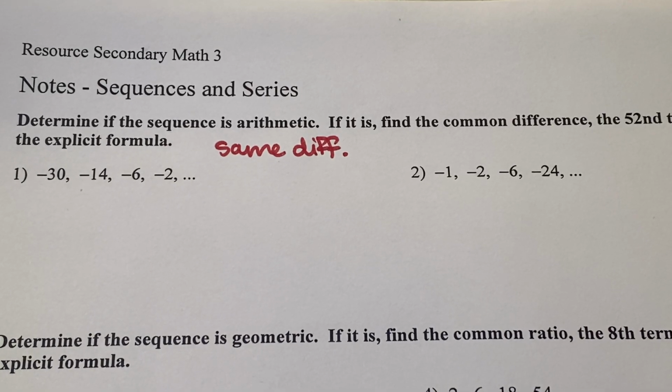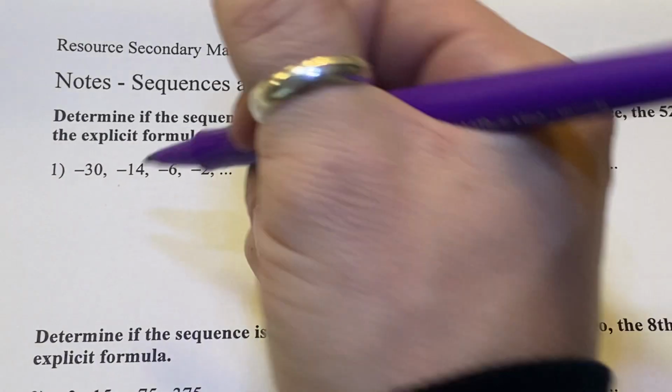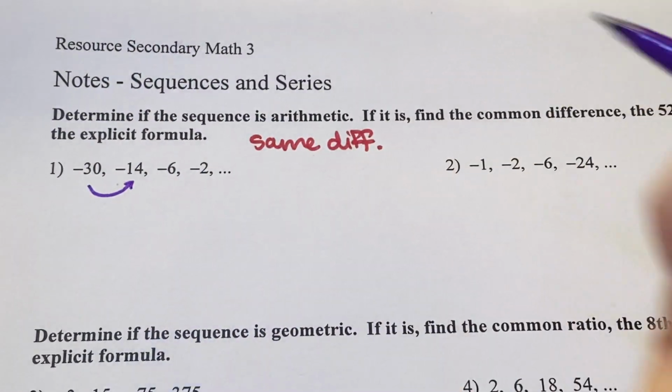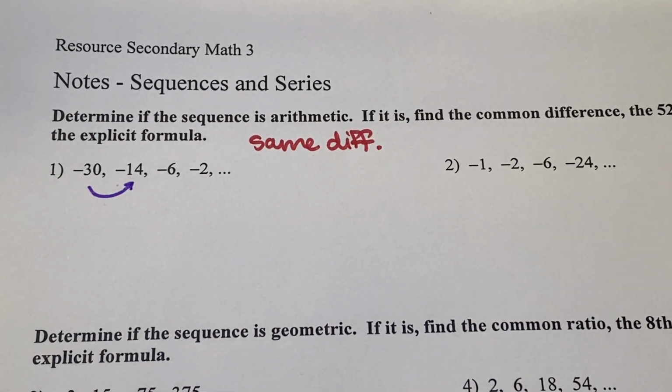Let's look at this. How would I go from negative 30 to negative 14? What would I have to add or subtract to go from negative 30 to negative 14? Let's figure that out.